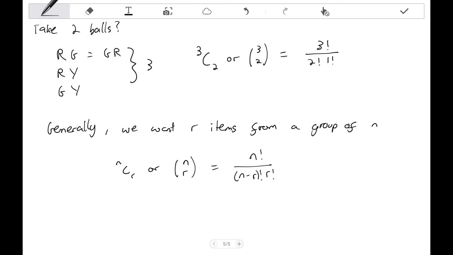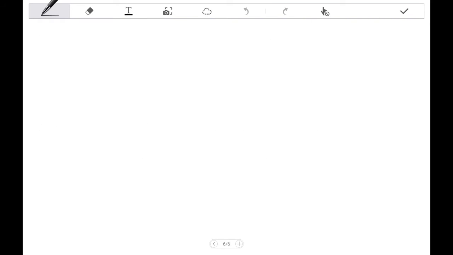So, how does this, you might be wondering, help us in expanding a binomial expansion? Hopefully you'll see, if we look at the example of a group of 3. Just like before, we have 3 items.